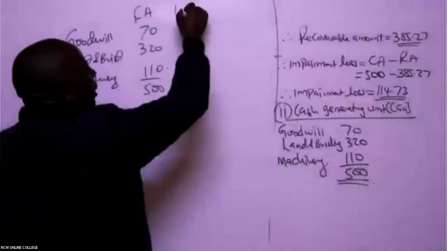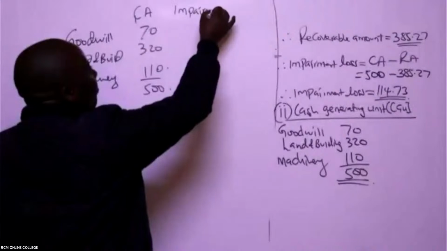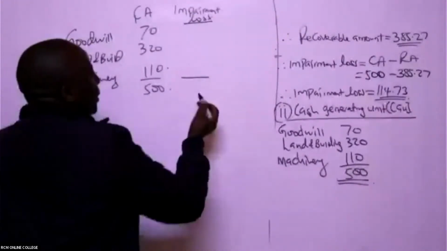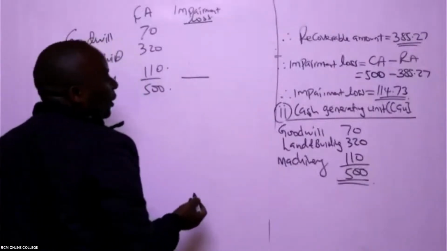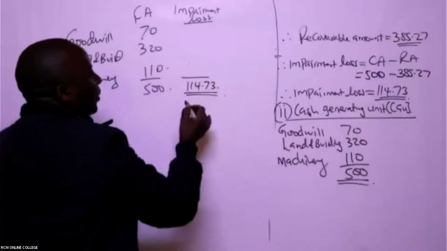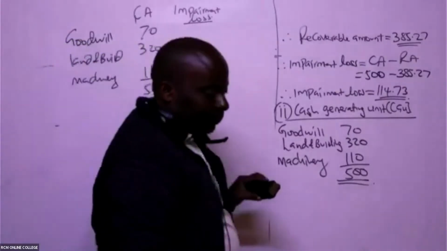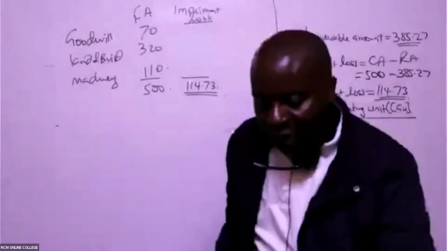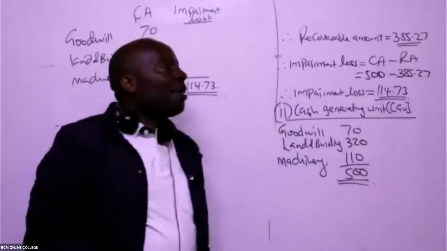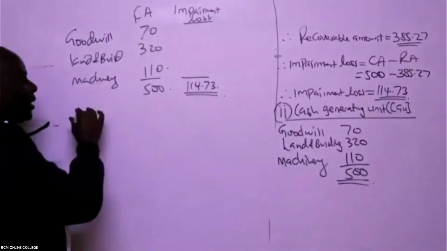So create a column in between for impairment loss. And the impairment loss, in this case here, you've told me, is 114.73. So remember now, this impairment loss must be distributed to the assets.